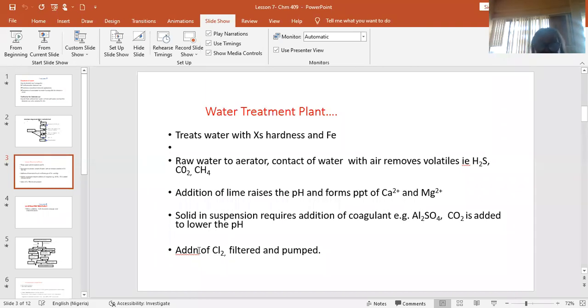Some days ago in the papers, it said we have people who are having cholera. It means that the water they are drinking contains a lot of microorganisms, and they are the ones that cause cholera, typhoid, and all sorts of things. That's why, in buying pure water, we must make sure that the water is properly treated.